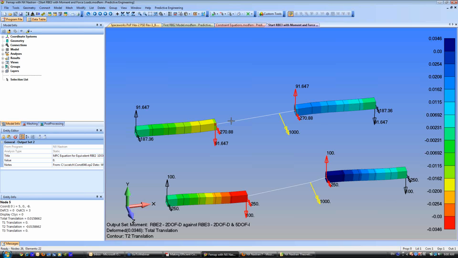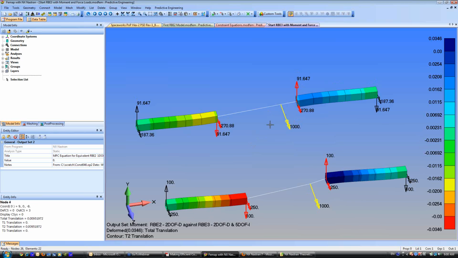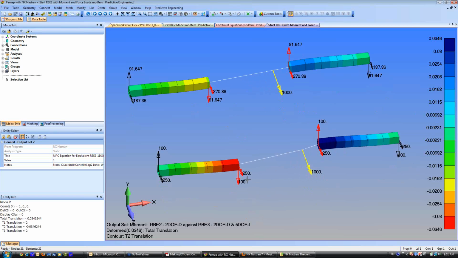And if you got out your Timoshenko strength of materials and worked through all the numbers, you would arrive at this 270.88 because it's rigid. So I know that was rather long, but it's an important point to beat down, that the rigid element is adding a completely rigid member into the stiffness of the structure, but it's done via constraints, multi-point constraints.